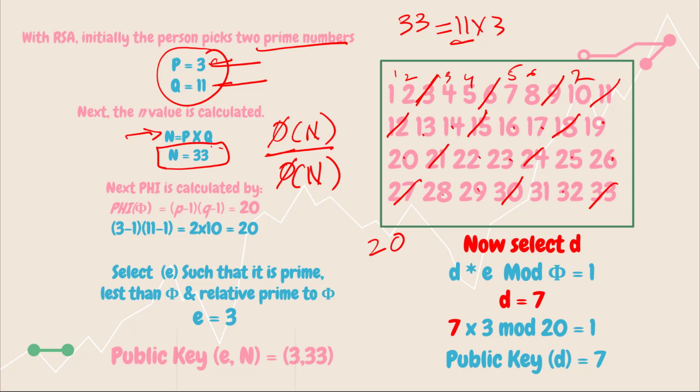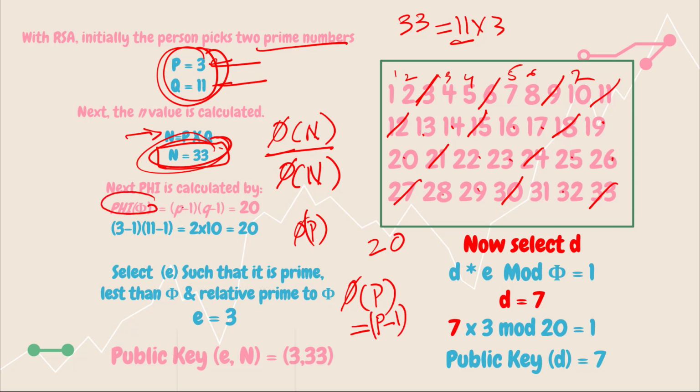But we know that p and q are also prime. What we know from the previous discussion is that if a number is prime, then the phi of the prime is always p minus 1. So similarly, if my number n is the product of p and q, then the phi of n is (p minus 1) times (q minus 1).